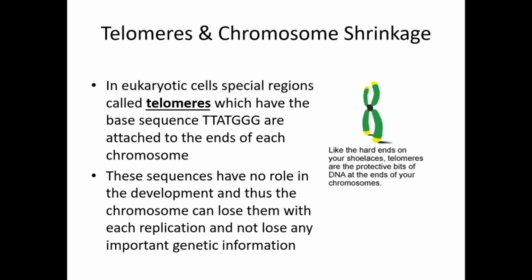These sequences have no role in development, and thus the chromosomes can lose them with each replication and not lose any important genetic information. However, it is speculated that telomeres may give us an idea about the aging of cells.